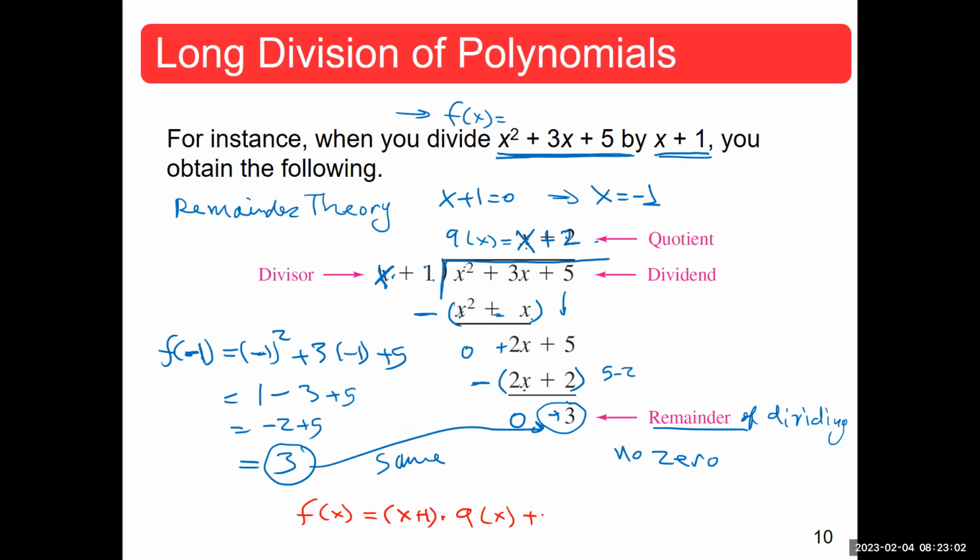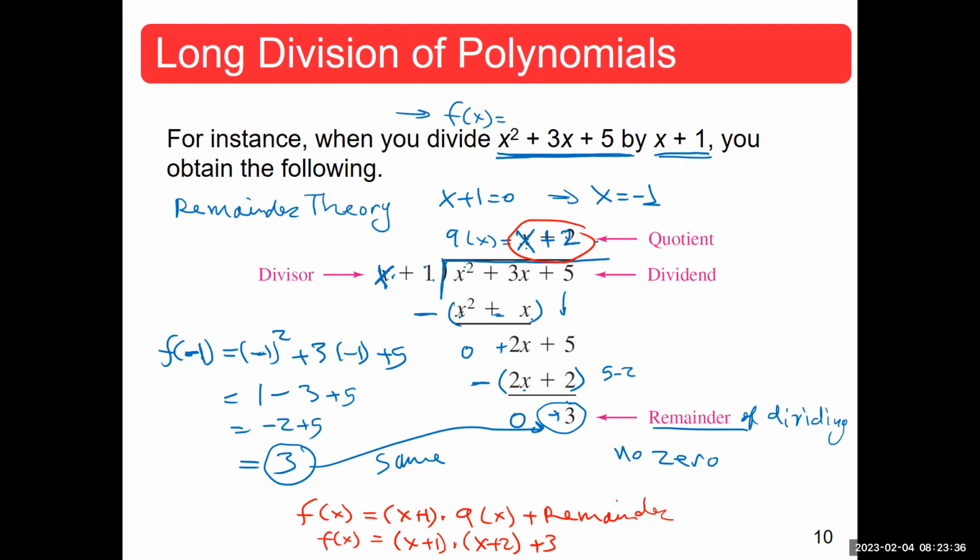It's plus 1 here, the remainder. So, as is always true, for that problem we have x plus 1 multiplied by the answer q(x), x plus 2. What is the remainder? It is 3. That's your final answer for f(x).